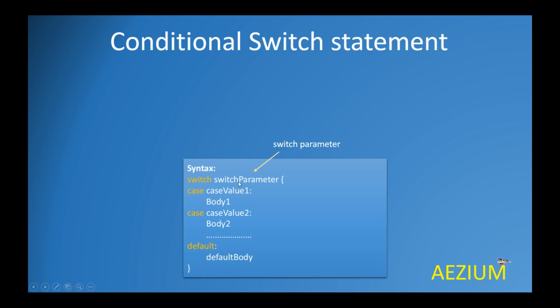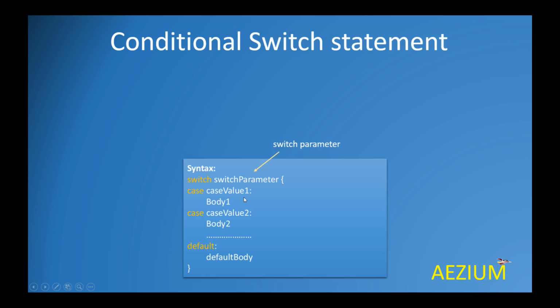The switch parameter is inserted between the opening curly bracket and the keyword switch. The values associated with each case appear in front of the keyword case and before the colon, and the body of code associated with each case appears beneath each case.